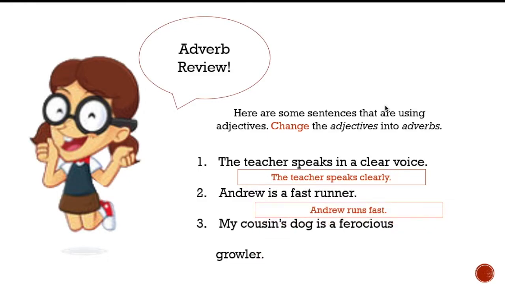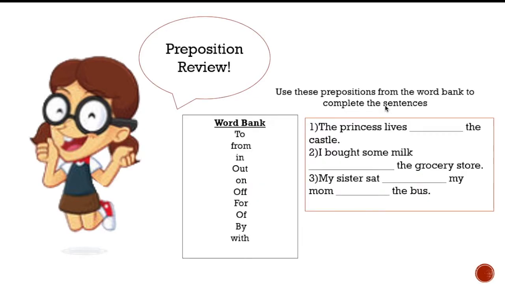Make sure you check your answers and write them down in a different color ink so you can review them later. In this preposition review, use the word bank to complete the sentences. Go on ahead and pause the video and then we'll review. Great, you finished. Let's see how you did. Make sure to check your answers and write them down in a different color ink so you can review them later.